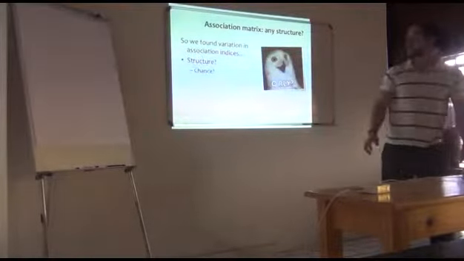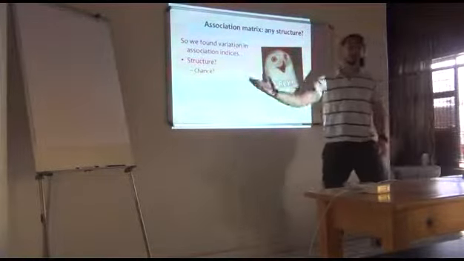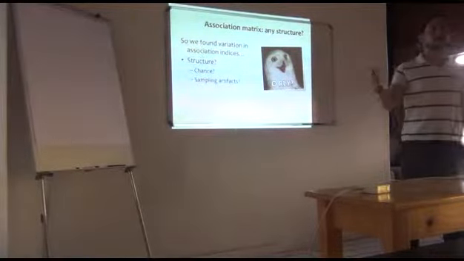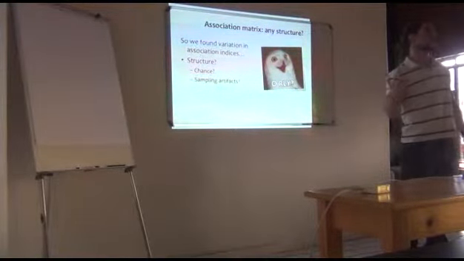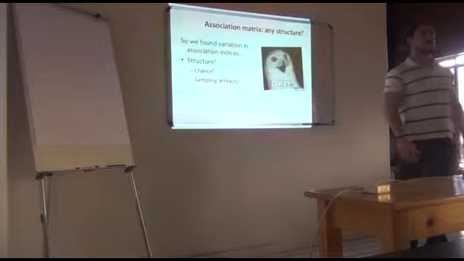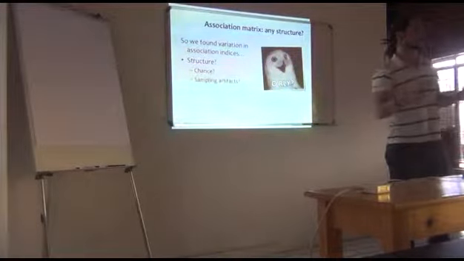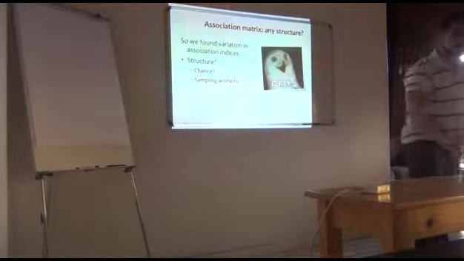Or is this variation just by chance, or sampling artifacts? Perhaps some individuals are more easily identified, so you're going to see them more often just because they are always there in your study area.